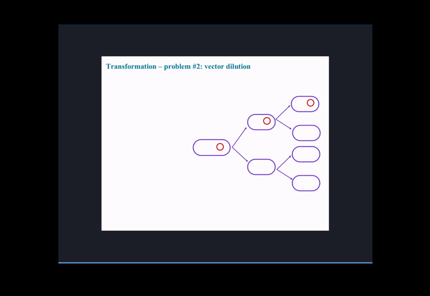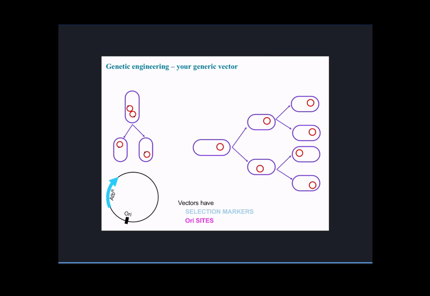So what we do is we introduce in these vectors one of those ORI sequences. We touched on this super briefly when we talked about DNA replication. That DNA replication starts at these very specific sequences that we call ORI, for origin of replication. Easy, right? So all we do is we make sure that our vector of interest has an ORI site in them.